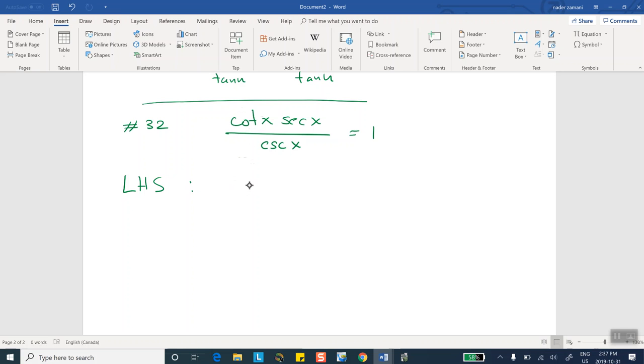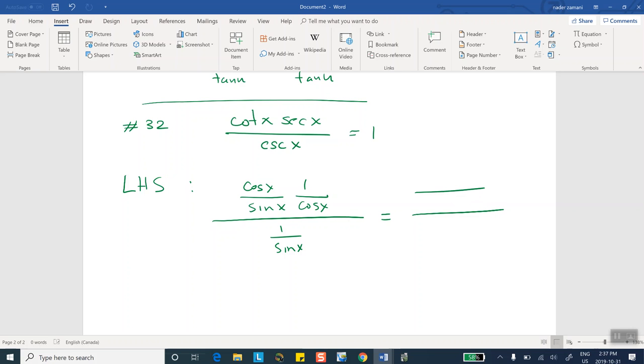Cotangent, I'm going to write it as cosine of x over sine of x. And secant is 1 over cosine of x. And the denominator is 1 over sine of x. So over here, this cancels that. 1 over sine of x divided by 1 over sine of x. And needless to say, this is your 1, which is your right-hand side.